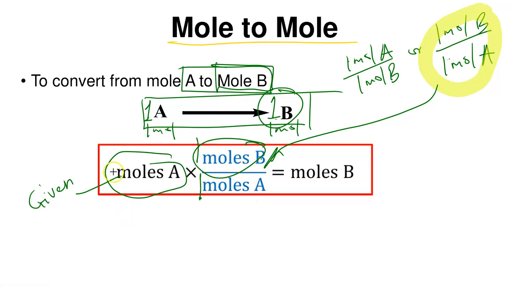Then, of course, we're given the moles of A. What you need to do is cancel this, and when you cancel it, we are left with the moles of B. So where do you get the other moles, the ones I highlighted in B?